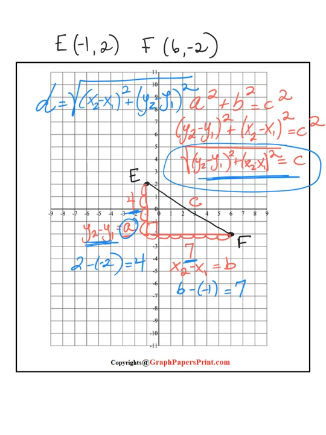So the only difference between the distance formula and Pythagoras' theorem is the distance formula is performed on the coordinate plane, whereas Pythagoras' theorem strictly works with right triangles, not on the coordinate plane.